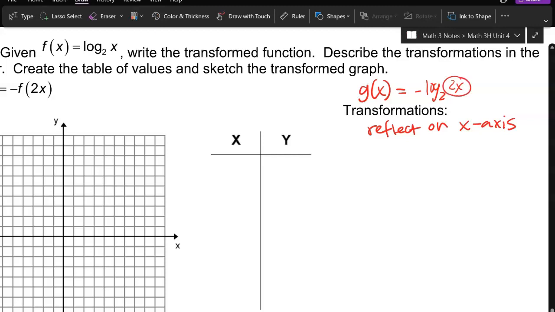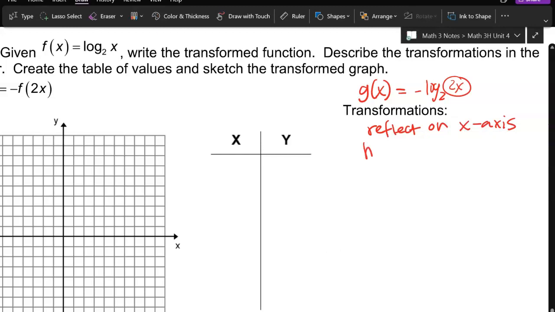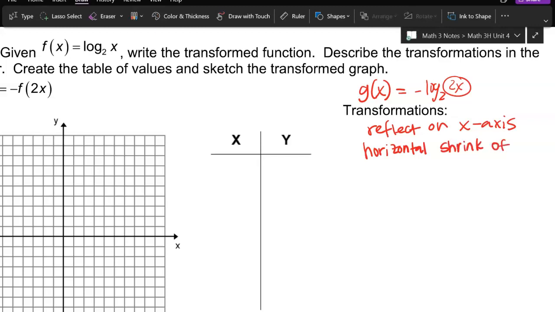And then that 2 on the inside means we are going to have a horizontal shrink, because remember it's opposite, of 2. So that means we're going to apply 1 over 2 to our x values, because remember we're dividing to get x by itself.